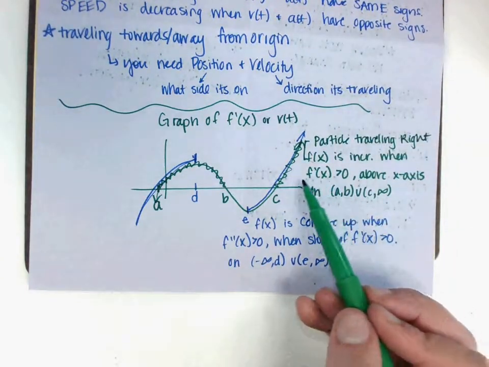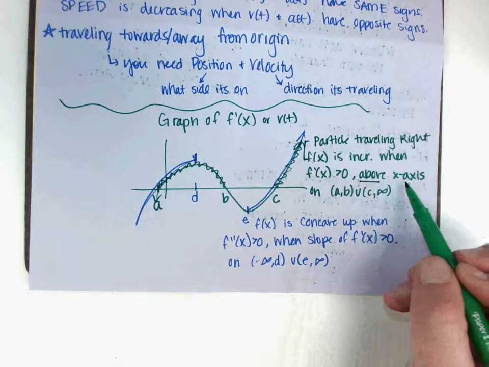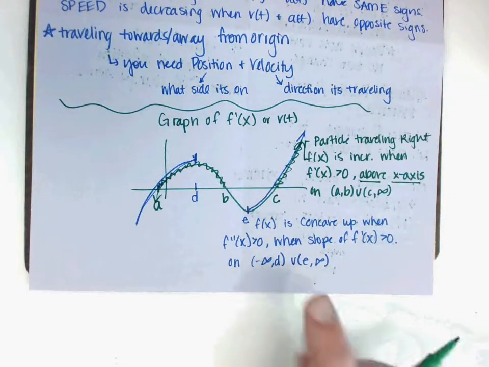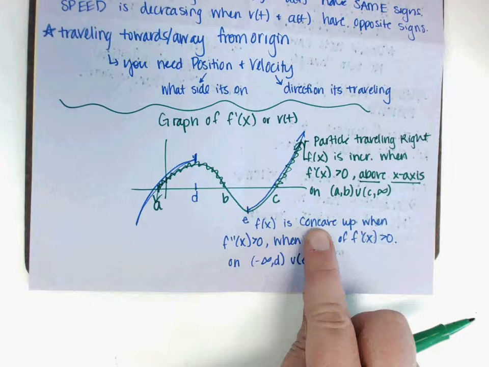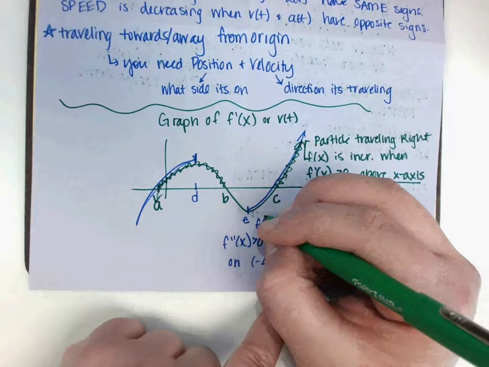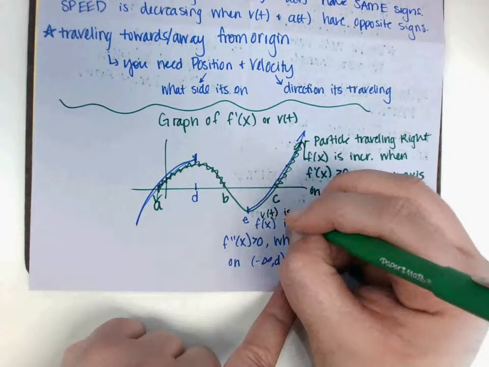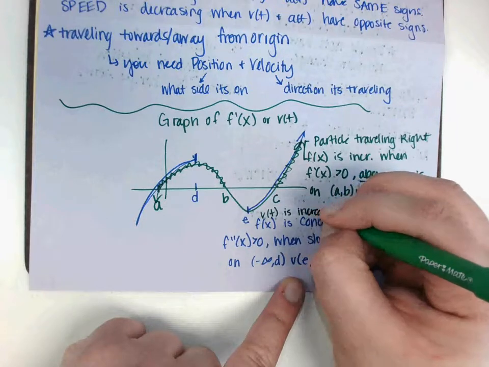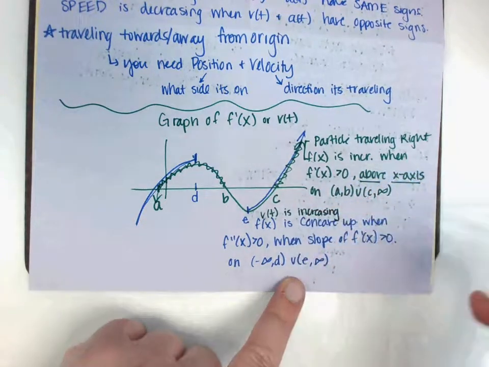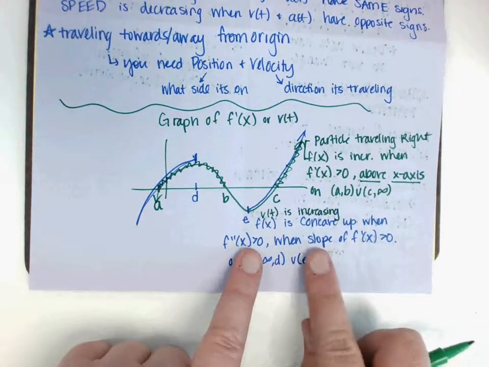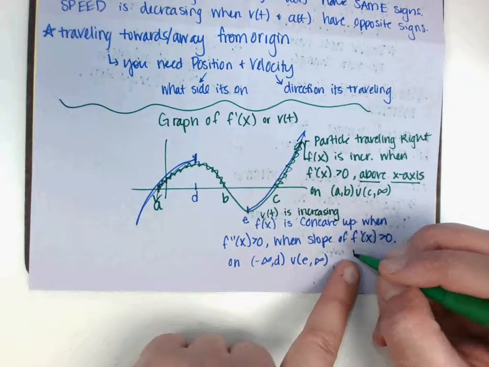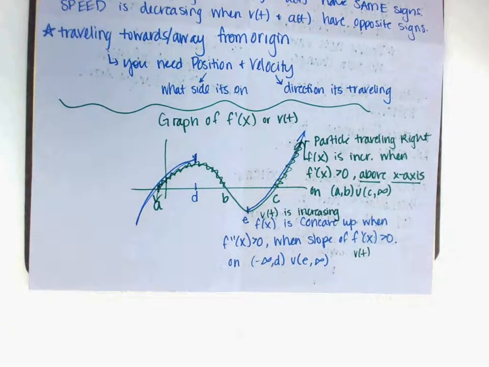And I'd still be looking for that interval where I'm above the x-axis. Okay, then when f is concave up, that would mean that velocity is increasing, and you'd be looking at the slope of the graph of v of t. Okay? So just kind of some things to think about.